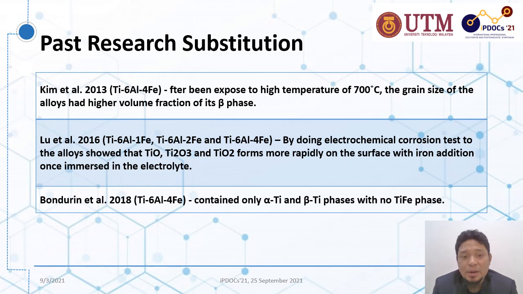Another paper is Lu et al. in 2016 with 1 weight percentage iron, 2 weight percentage iron, and also 4 weight percentage iron. The experiment is done on electrochemical corrosion test, and shows that several forms of titanium oxide form rapidly on the surface with iron addition once it is immersed in the electrolyte.